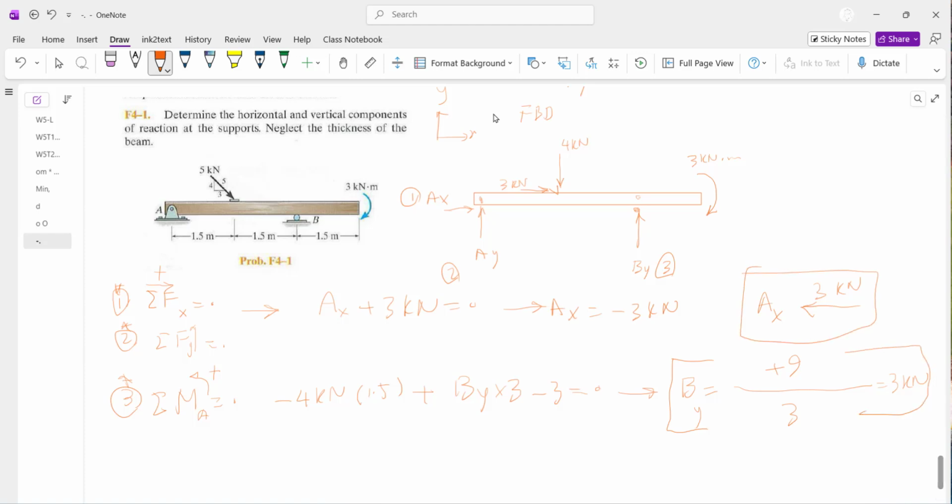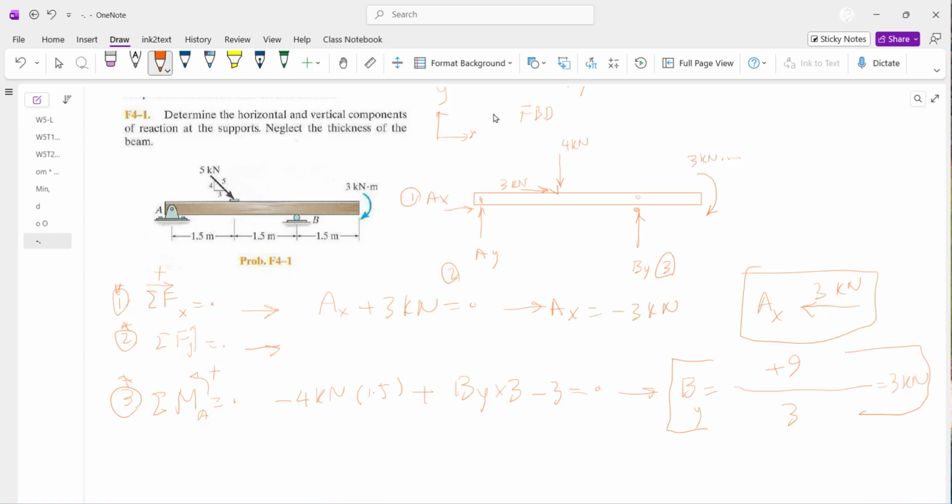And how do I find AY? Well, again, I can write another condition of rotation with respect to point B, or I can proceed with the vertical force equation, keeping in mind that BY is not unknown anymore, and that has been identified. So let's try this one next.